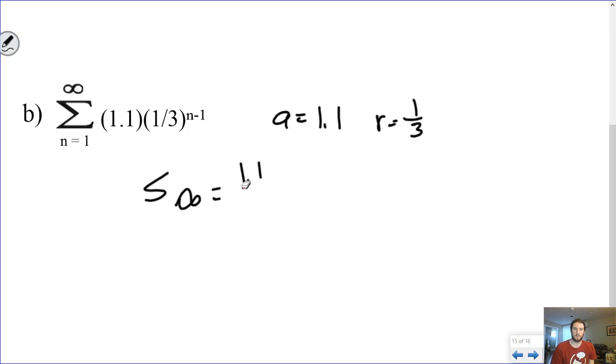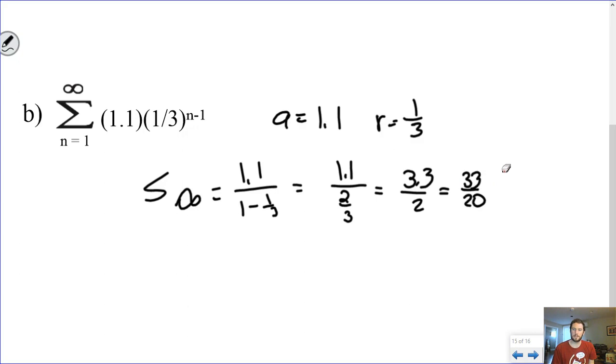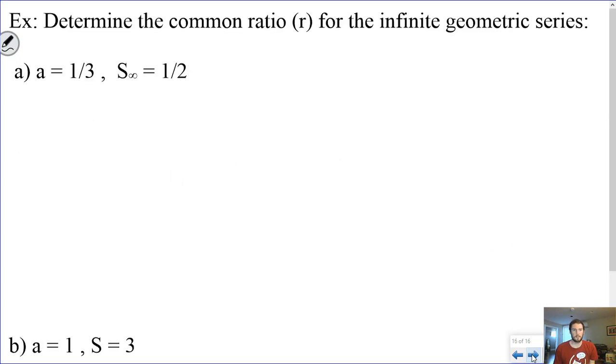So 1.1 divided by 1 minus 1/3, which is 1.1 over 2/3, which is 3.3 over 2, or 33 over 20, or if you're more inclined to use decimals, 1.65. Okay. All right. Take a look at a couple more examples, and then we'll call it a day.